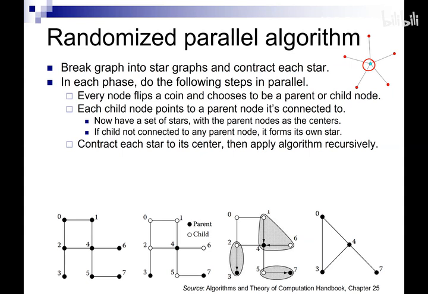And so we can now take this contracted graph and run this contraction process again. Again, each of these nodes is going to randomly choose to be a parent or child, and then the children are going to point to neighboring parents, and then we're going to get a bunch of stars, and then we're going to contract them, and then the graph gets smaller.